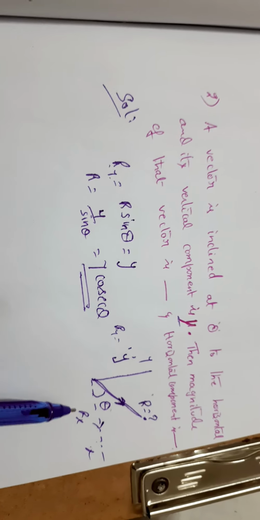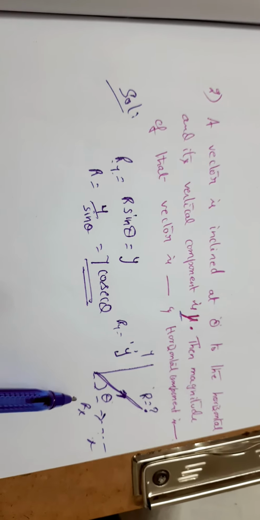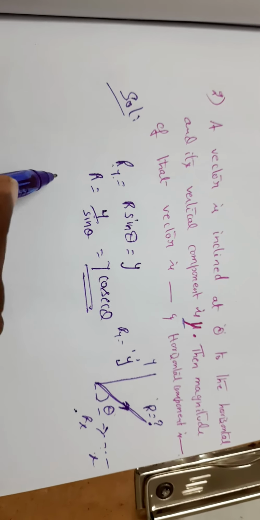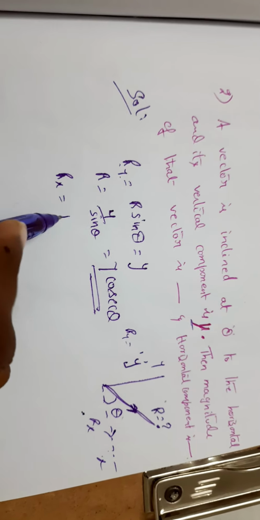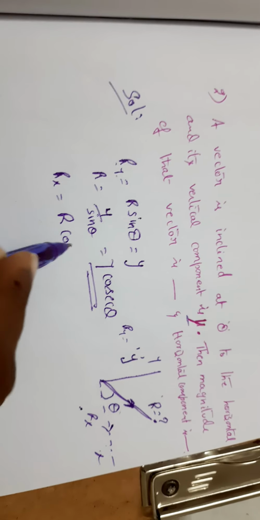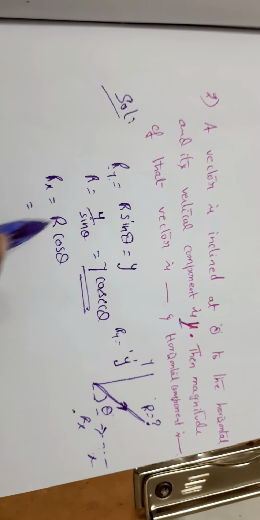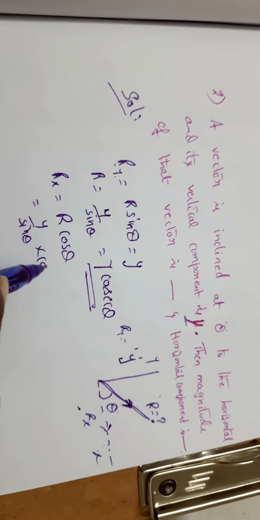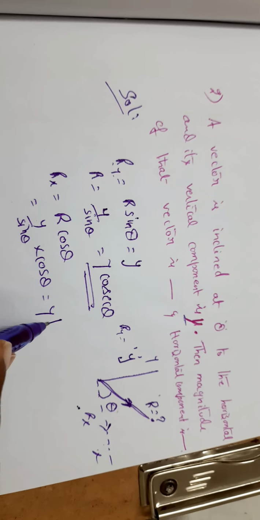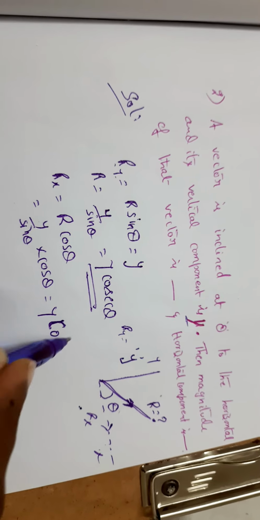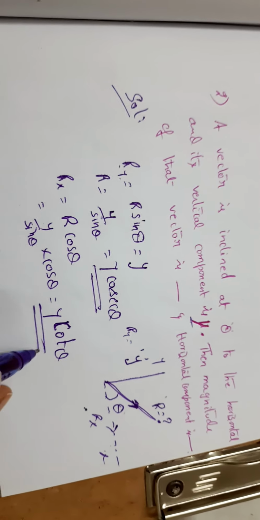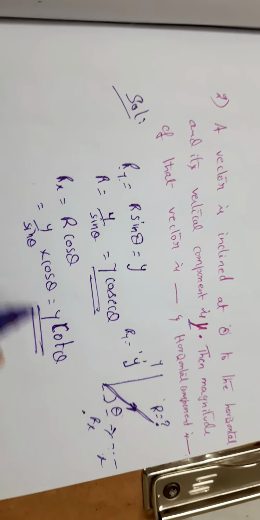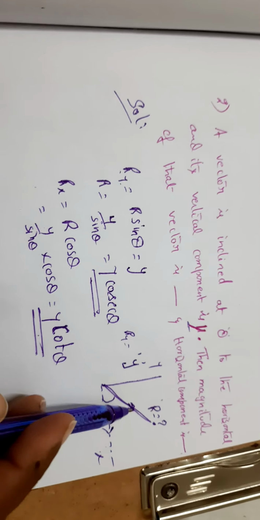And now coming to rx. So what is rx equal to? R cos theta. So what is r? Y by sine theta into cos theta, so y cot theta. So this is rx, that is, the horizontal component is y cot theta.